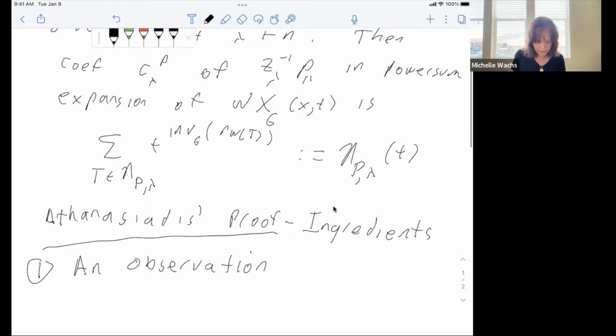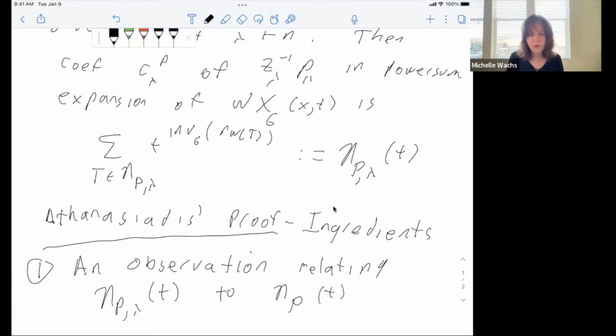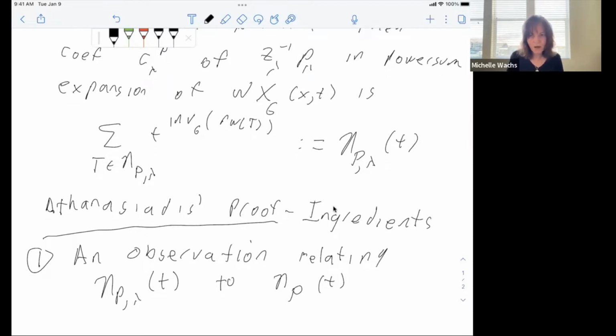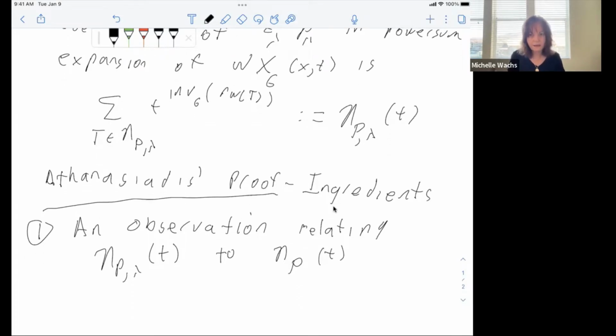The first was an observation relating NP lambda T to NP T, where there's no lambda, so that just means we're looking at all permutations that have no P descents and no left to right P maxima. So that's just a one row tableau, or permutation. So lambda then would be the partition with a single part n.